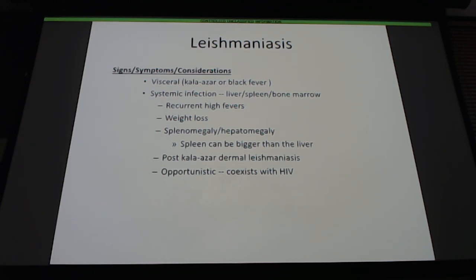Okay? They'll get subcutaneous nodules, but it'll all be derm related. And that's the thing with this one, it's all derm related. But that'll happen years later, after you've already cured your visceral leishmaniasis. And then here it's telling you that this can be an opportunistic infection and it can coexist with HIV. Not necessarily here in the States as much, but more so overseas in endemic countries.